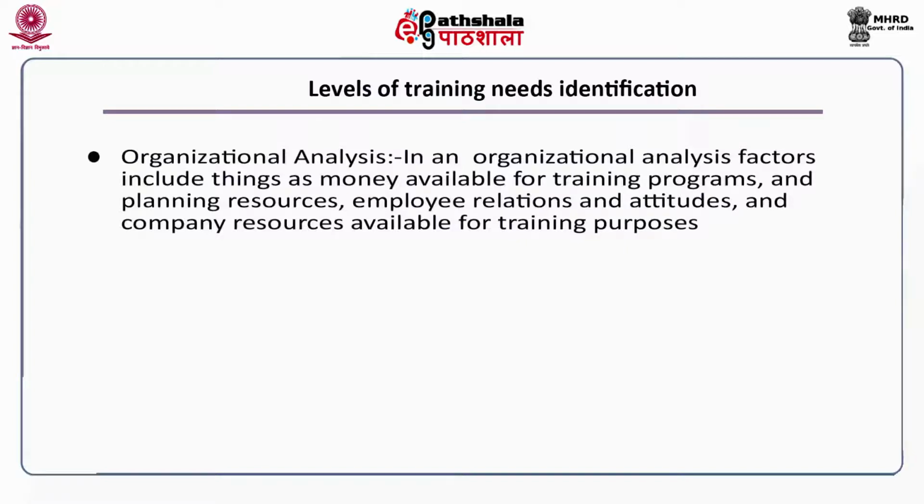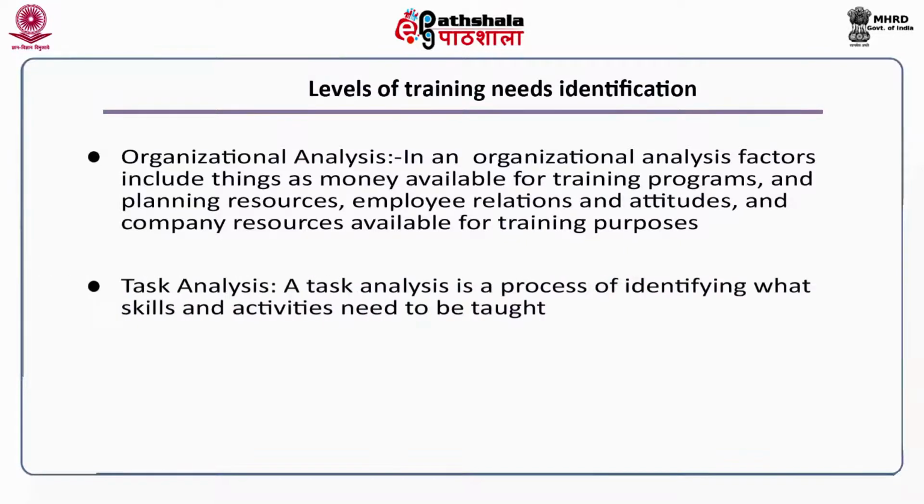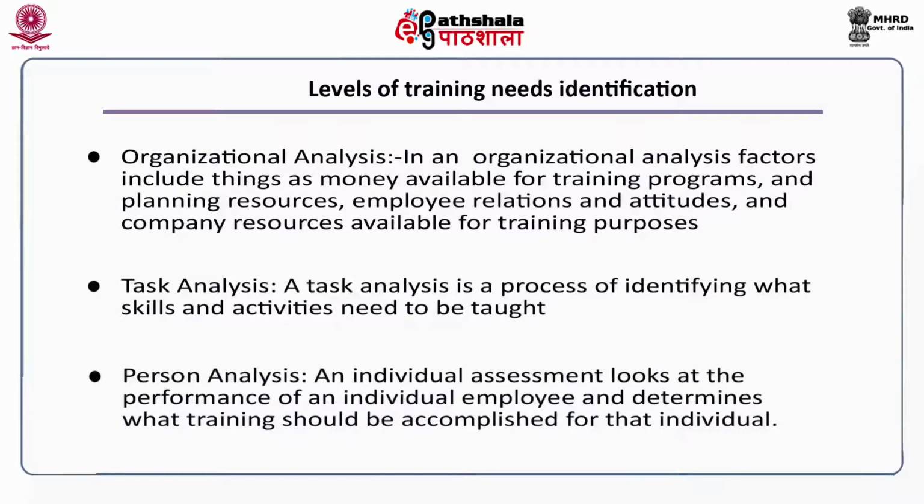In an organizational analysis, factors include things such as money available for training program, planning resources, employee relations, attitudes and company resources. Task analysis. A task analysis is a process of identifying what skills and activities need to be taught. Third is person analysis. An individual assessment looks at the performance of an individual employee and determines what training should be accomplished for that individual.